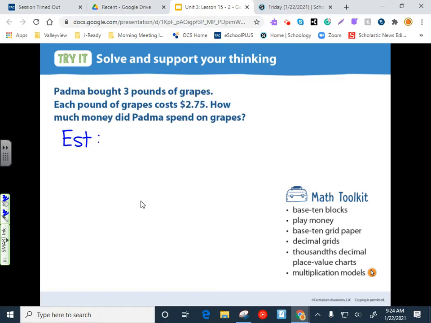I can't multiply 3 times 2.75 in my head, but I sure can do 3 times $3. And that let me know that the grapes I was going to buy were going to cost about $9. So a little pricey, a little more than I wanted to spend, but that gave me an idea of how much they're actually going to cost. So let's see how much they actually cost when I went up to the register.